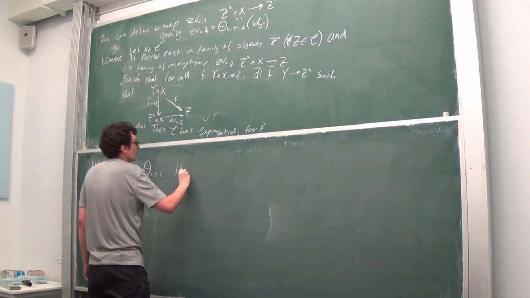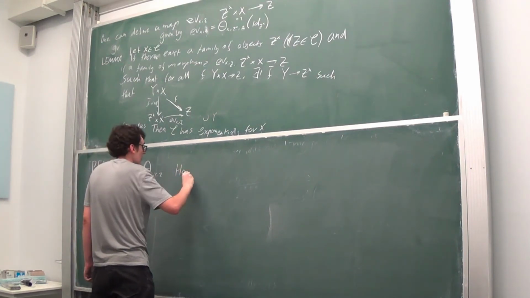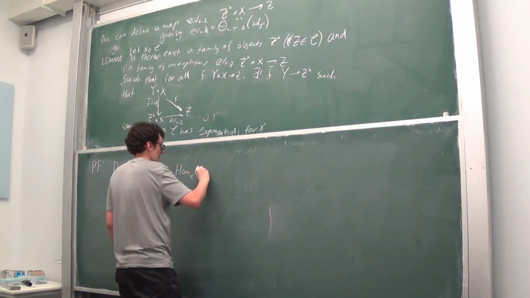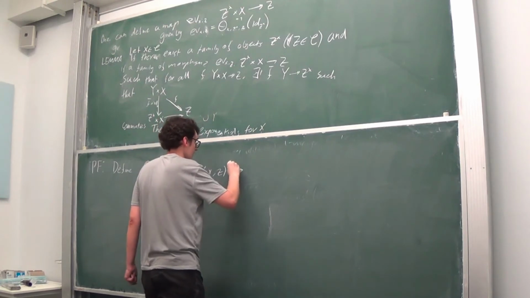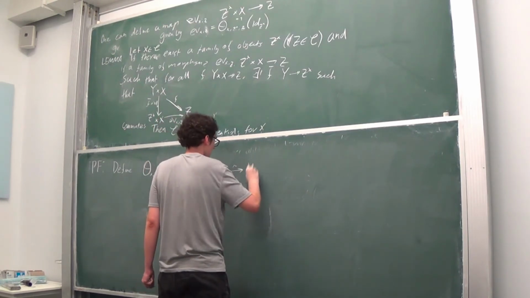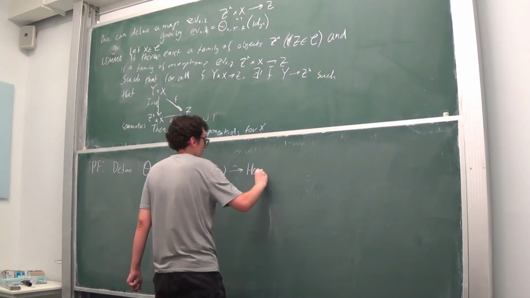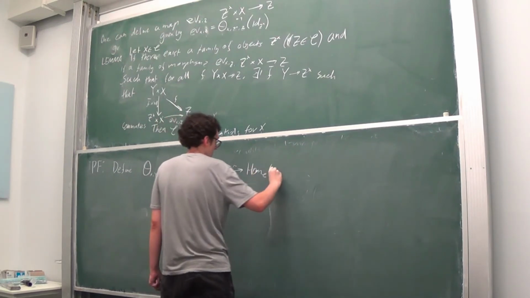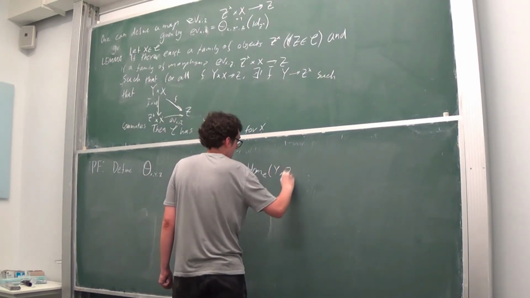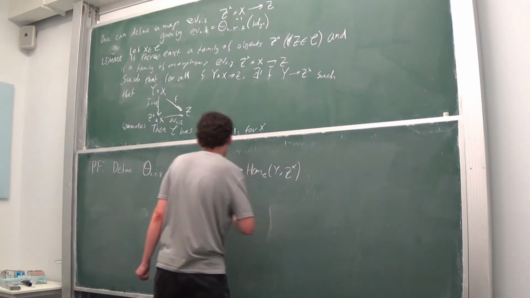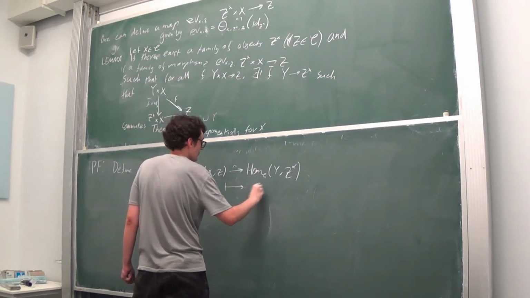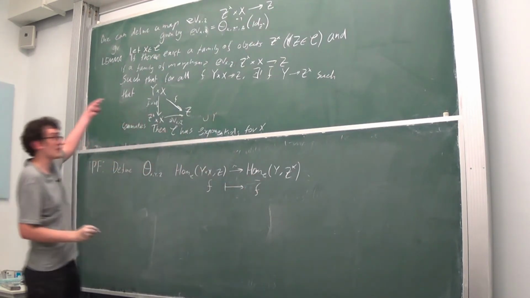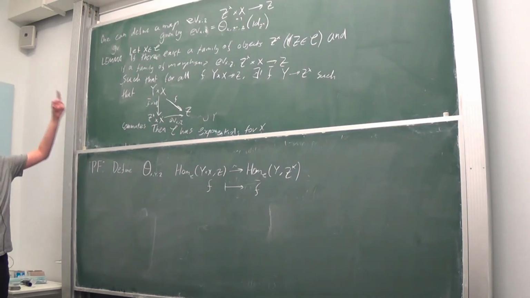It needs to go from hom of c times x to z. So given that map, send it to the unique f bar that's asserted by the property up there. Yeah, okay.